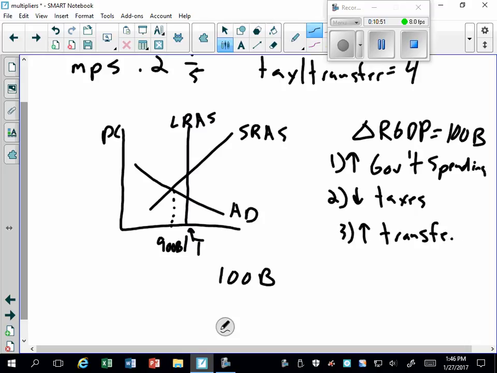Because they gave you the multipliers, they can now expect you to give numbers for these three things: how much would you have to change government spending, how much would you have to change taxes, and how much would you have to change transfers to get this change of $100 billion.